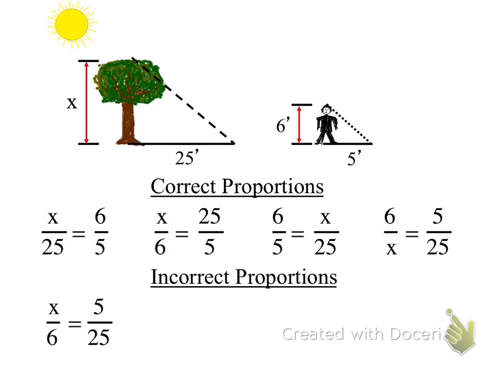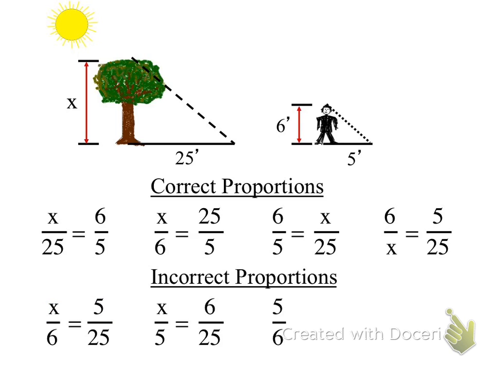This is the height right here, but the 5 is the shadow. And they're not the same one. Do you understand? So this is the height, and this is the shadow of the man. And this is the height of the man. Does that make sense? I mean, height of the tree. So it's not set up correctly.